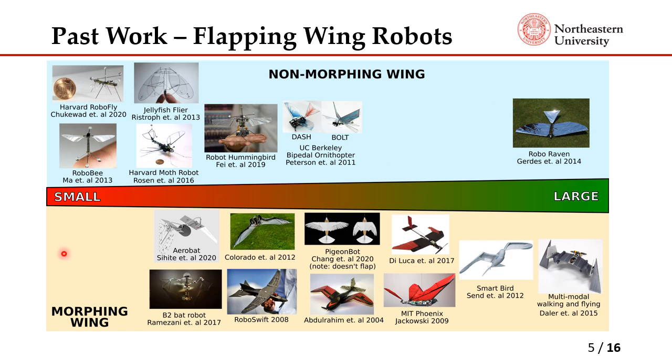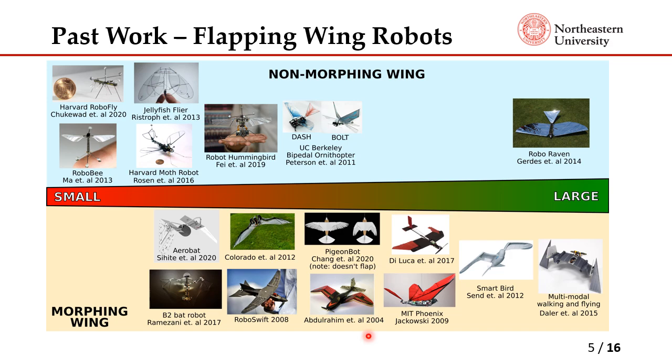On the morphing wings side, there are a lot of robots out there. I mentioned Aerobat earlier, and over here is the B2, which is the predecessor of this robot, and then we have other robots such as from Colorado and all over here. There's a robot Swift. There's a pigeon bot over here, whose wing can expand and retract.